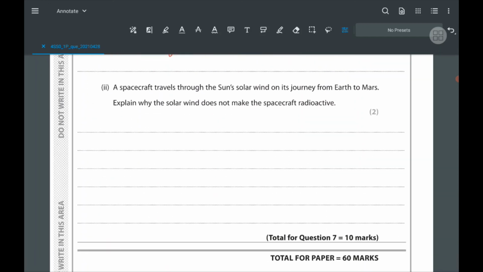Then a spacecraft travels through the sun's solar wind on its journey from Earth to Mars. Explain why the solar wind does not make the spacecraft radioactive. In this case we can say, in order to become radioactive, it has to be contaminated. But even though it is exposed, or irradiated, it is not contaminated. So we can say the spacecraft has only been irradiated.